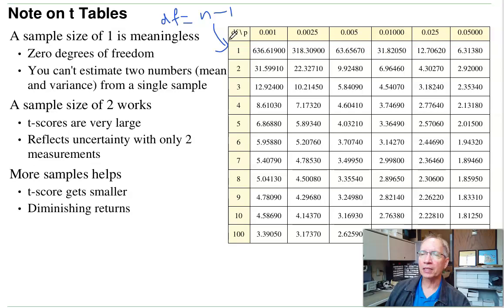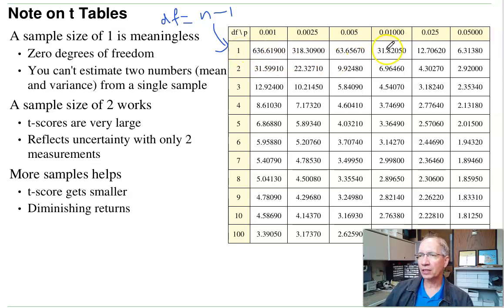Another way to think about that is I'm trying to determine 2 parameters from a population. I want to know the mean and the variance. In order to get 2 measurements, I need 2 data points. If I have a single data point, I can't estimate 2 parameters with a single data point. I need at least 2. So this sample size minus 1 is kind of a reminder you need at least 2 data points.